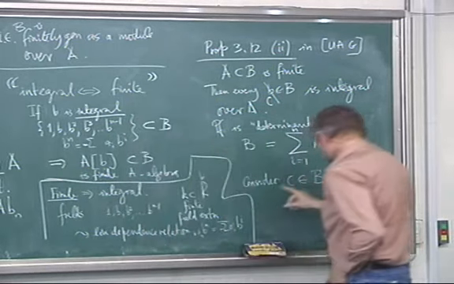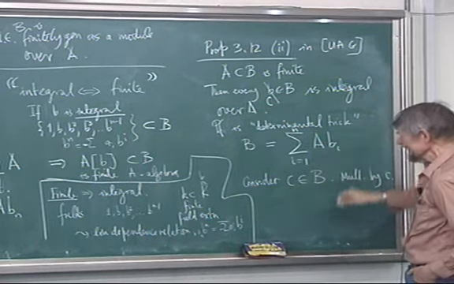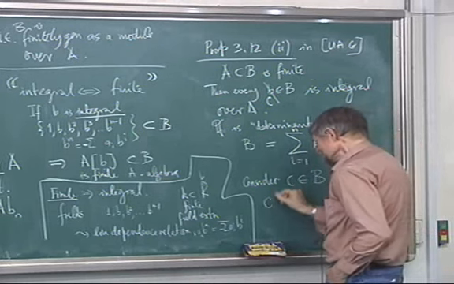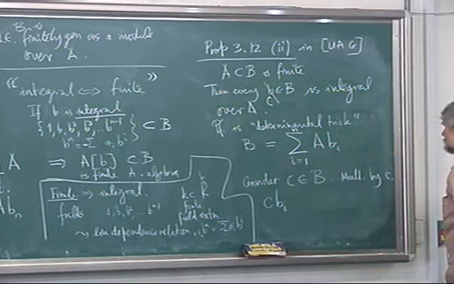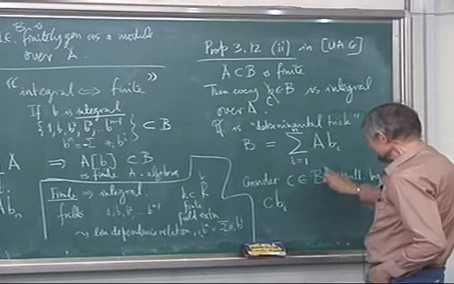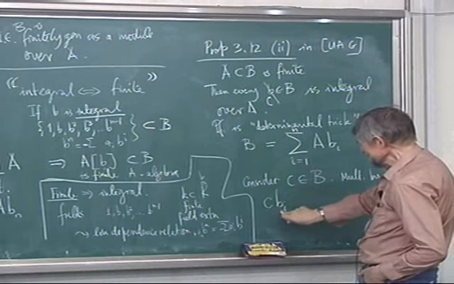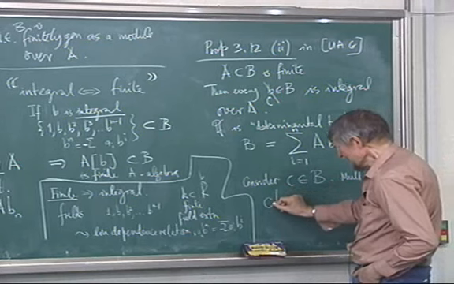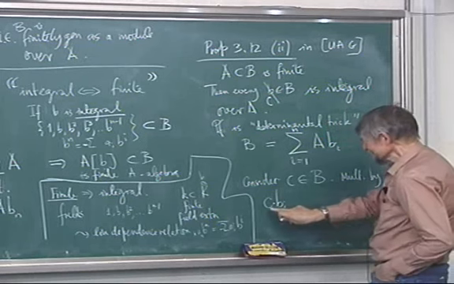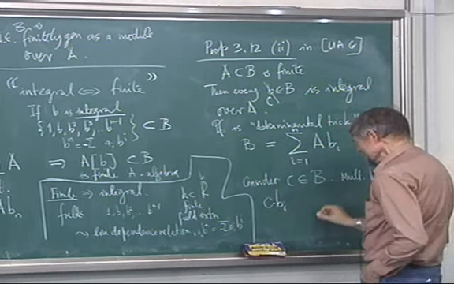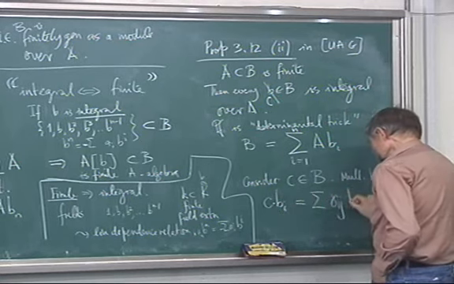So instead of doing that, I'm going to take this element c, and I'm going to multiply c times each of these b_i. So c times b_i. Well, this B is a ring, so c times b_i is just multiplication in the ring. And so I take b_i and multiply by c, and I must get something. So let's call this the sum of gamma_ij b_j.